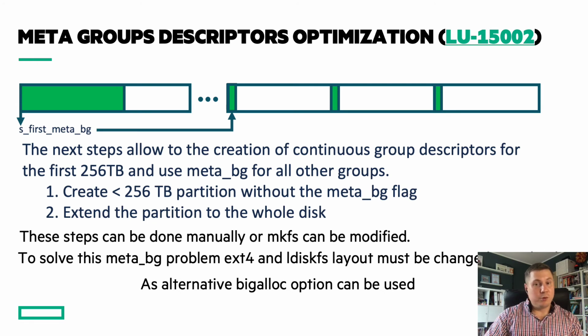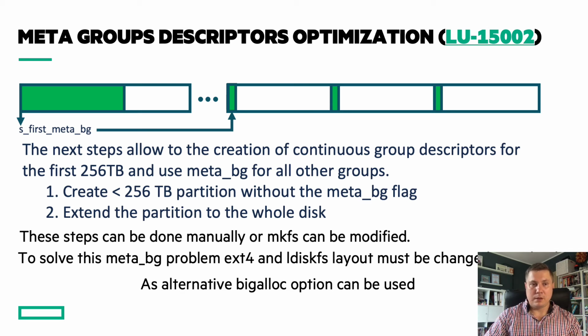So what should we do in this situation? First of all, we can avoid MetaBG and use bigalloc, but bigalloc has its own disadvantages. If we want to use MetaBG, we could make these steps. That is a nice workaround. We can format the first part of the partition under 256 terabytes without the MetaBG option, and then resize it to the whole partition.